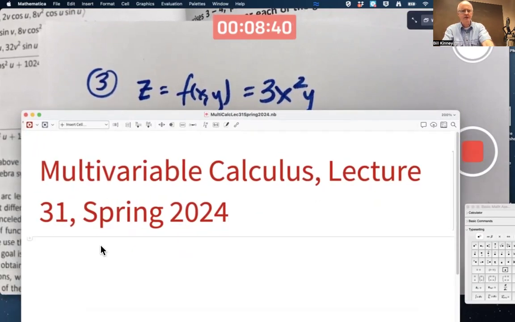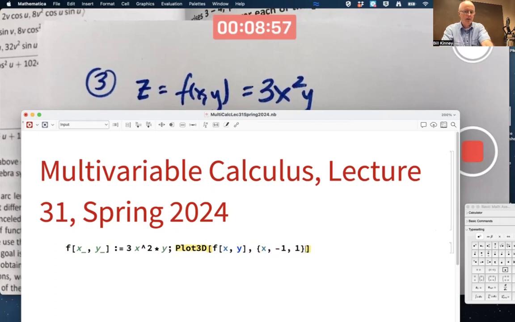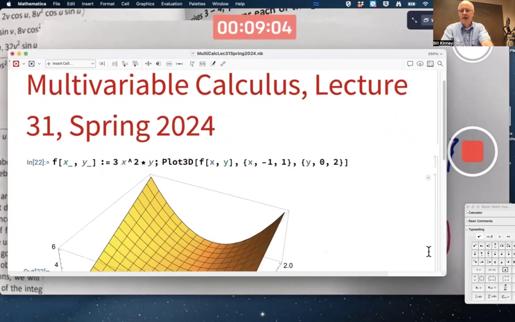Let's define the function here first. I will graph it with Plot3D. Plot3D will graph the function in the usual way, and we can plot it over a rectangle. X goes from -1 to 1, and Y goes from 0 to 2, and we get a graph.